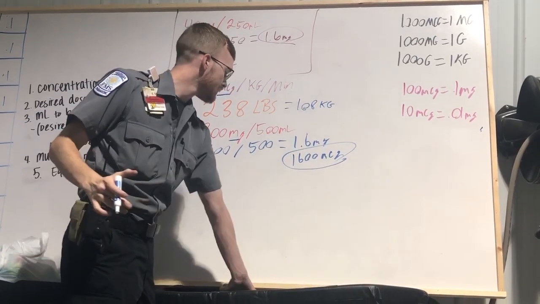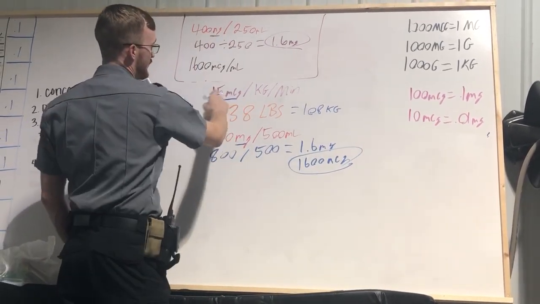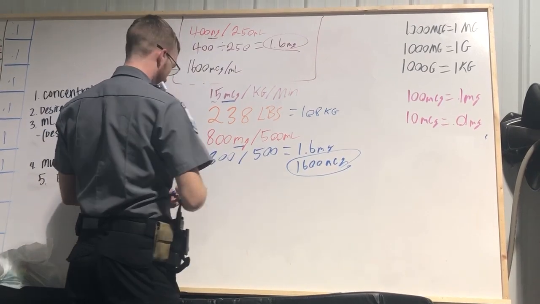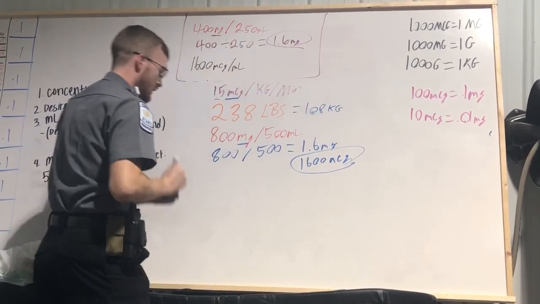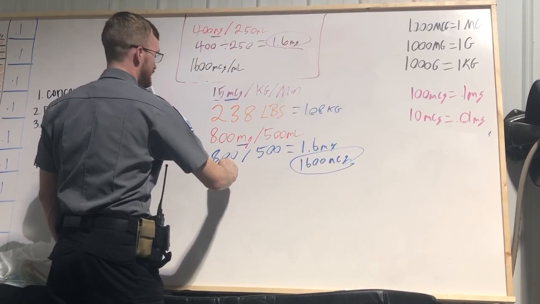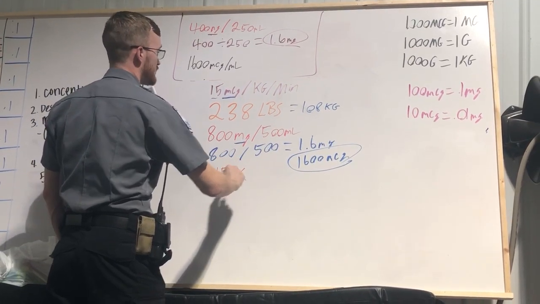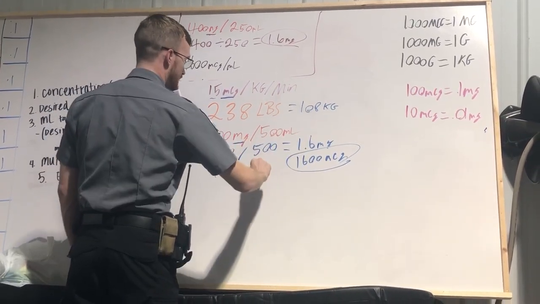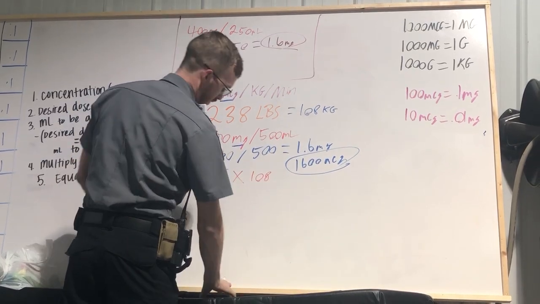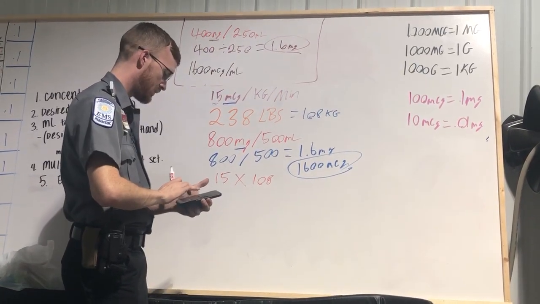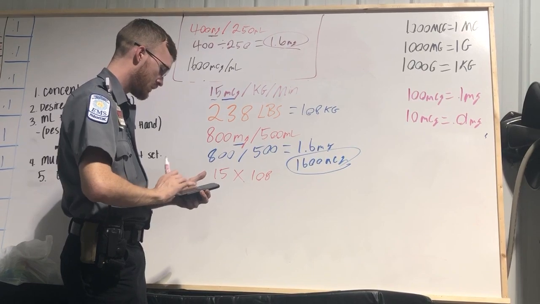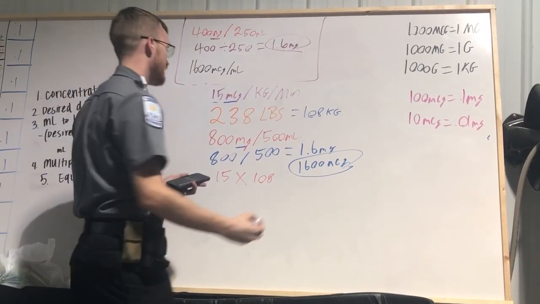So from that point, I know that I want 15 micrograms per kilogram. So I'm going to change my colors right quick. So we're going to do 15 times 108. And so what we get whenever we do that, we get 1620. Okay?